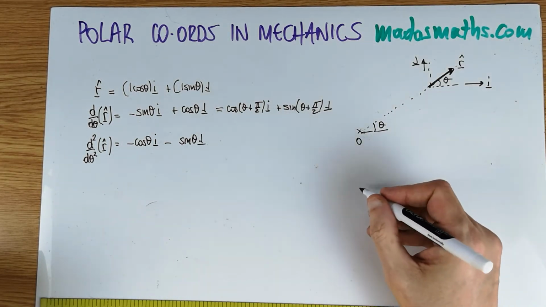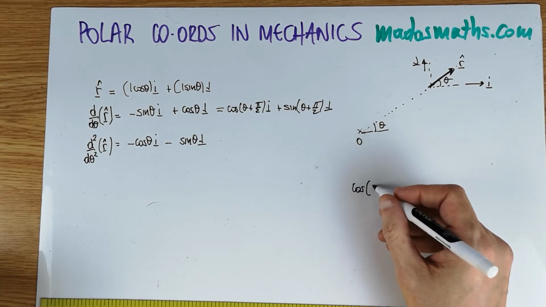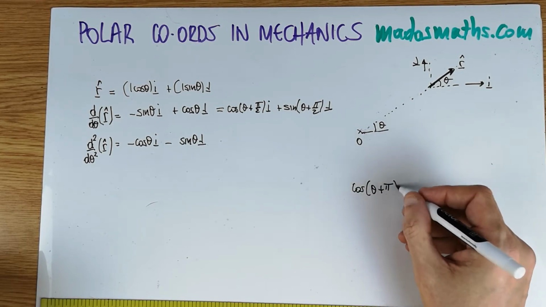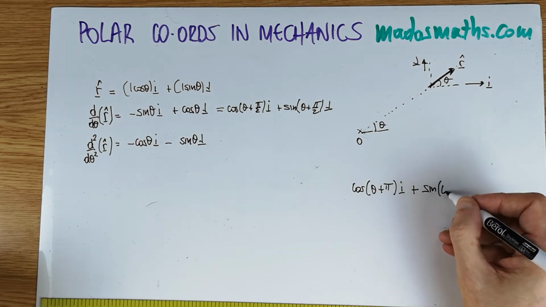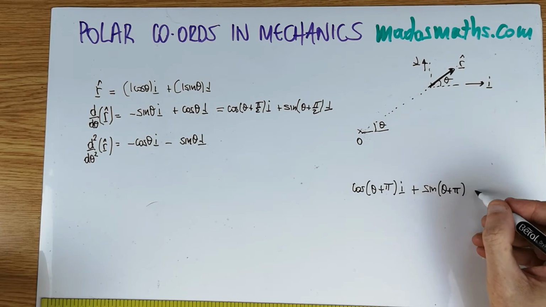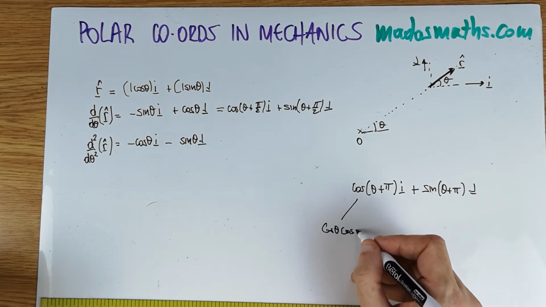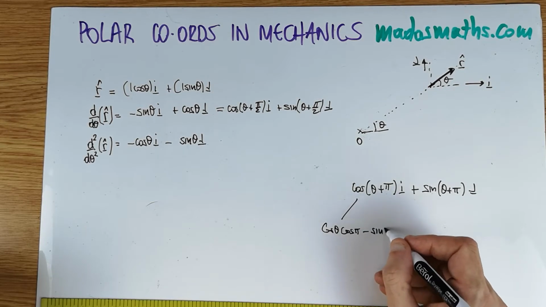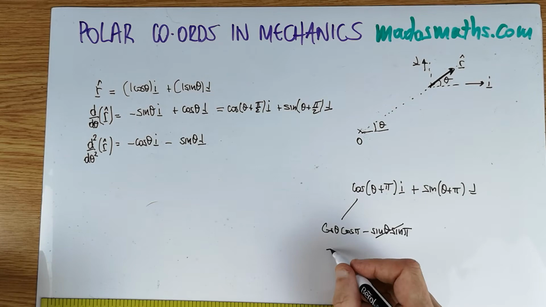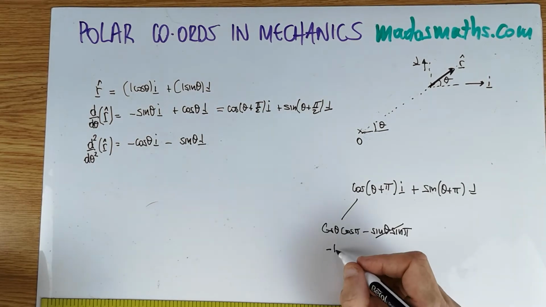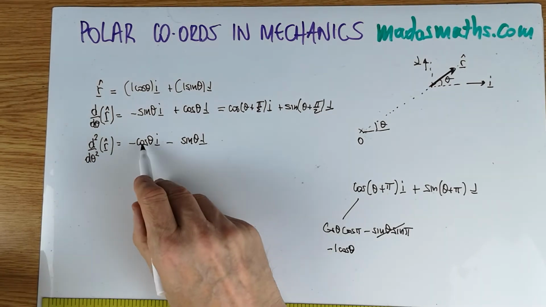So let's just double check this. The cos of theta plus pi in the i direction plus the sine of theta plus pi in the j direction. This one will give us cos theta cos pi minus sine theta sine pi. Sine pi is 0, cos pi is minus 1, so that's minus cos theta, which indeed it is.